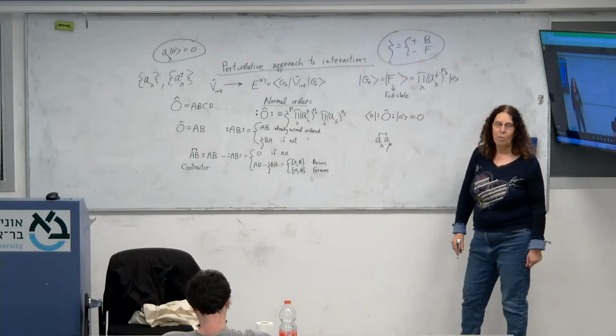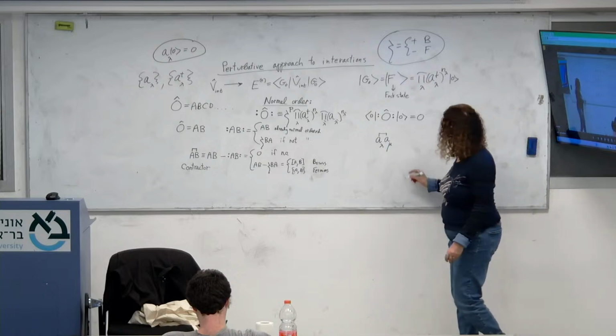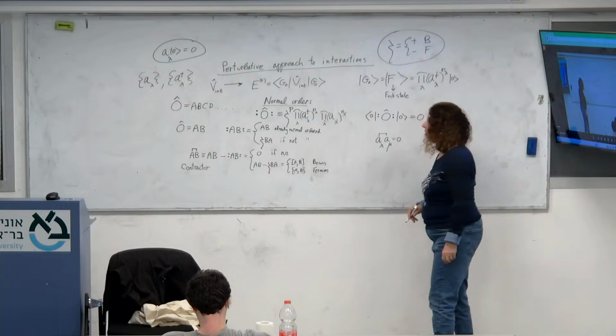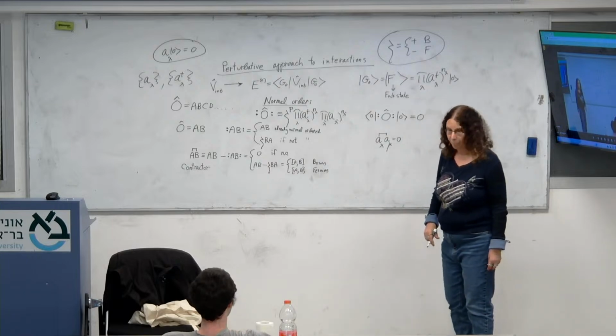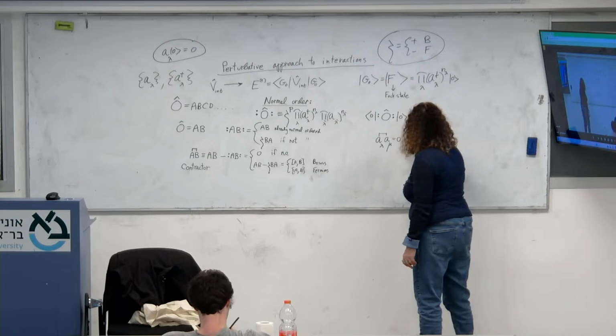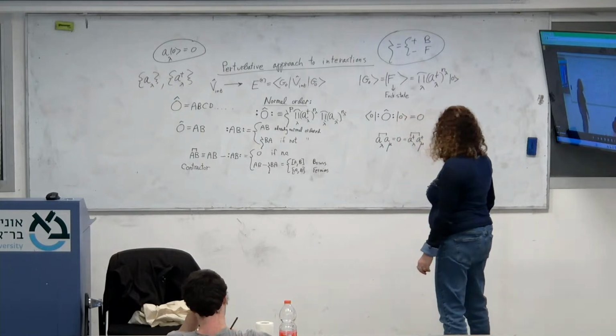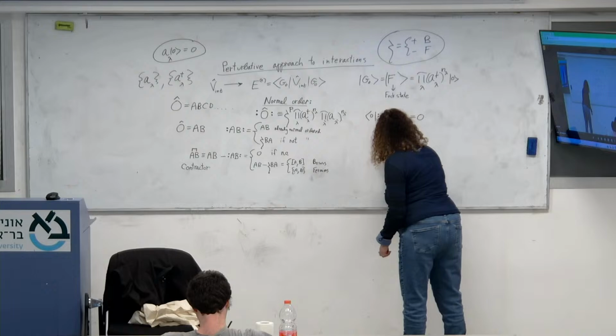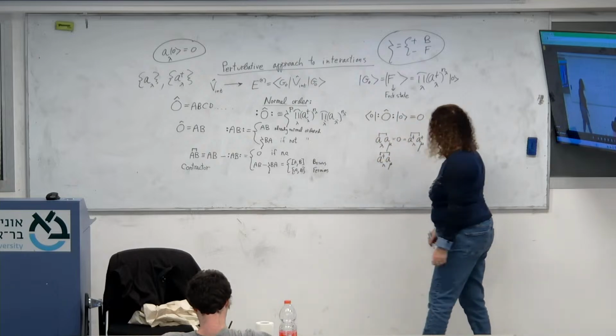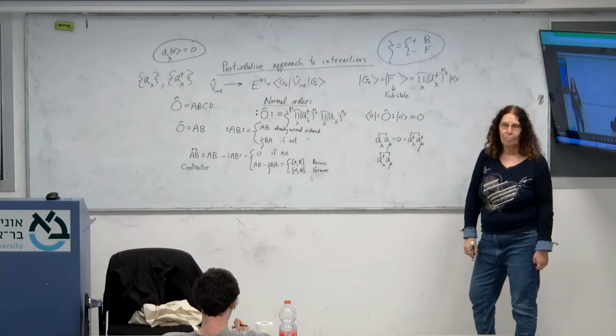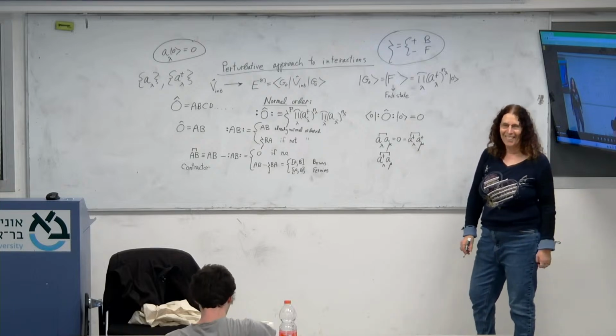What is this contractor? 0. Why is it 0? Because it's already normal order. Similarly, this contractor is also always 0. What about this contractor? Also 0, right?